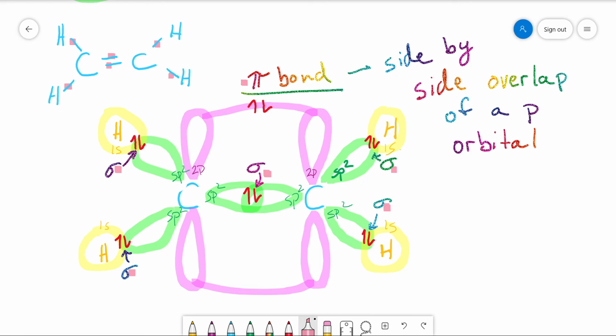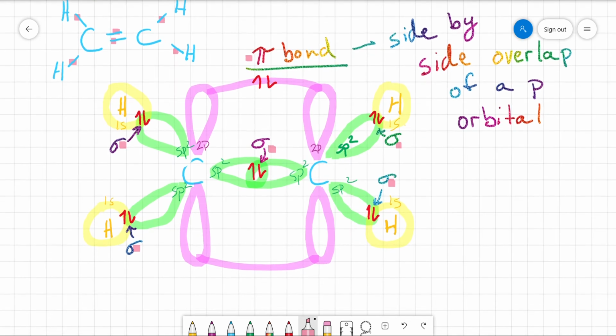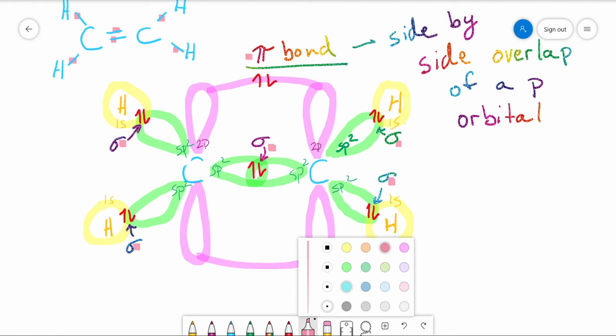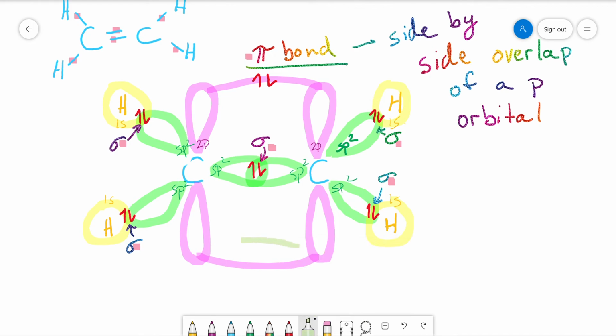Okay, and now this is incredibly difficult to show without a model. I usually bring a model into class and I hold it and I actually show you. So just bear with me. Because of this side-by-side overlap in that pi bond, above and below the carbons, one thing that's really important about a pi bond is it does not allow this molecule to spin.